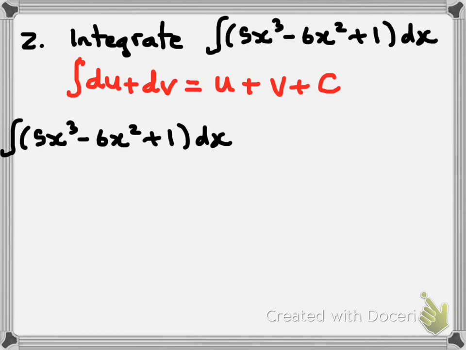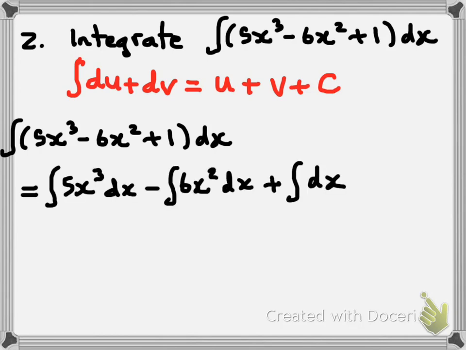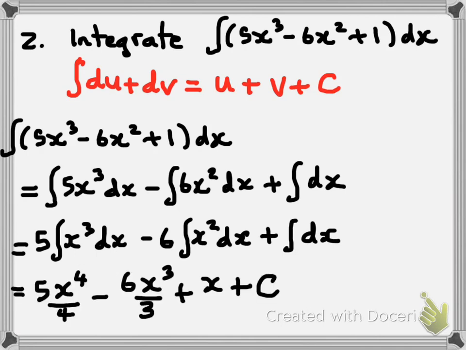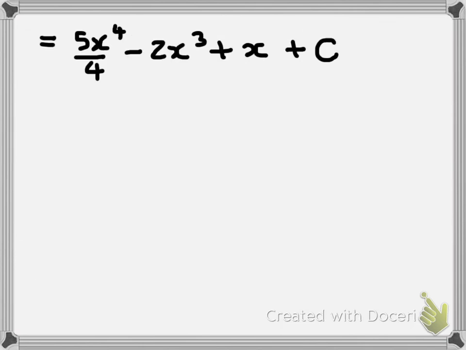So if you take the antiderivative of that, you can take the antiderivative of each piece in the sum, and then use your power rule on x cubed, x squared, and 1 dx. That would give you 5 times x to the power 4 divided by 4 minus 6x cubed divided by 3 plus x plus the constant of integration c, which will give you a final result, if you simplify, of 5x to the power 4 divided by 4 minus 2x cubed plus x plus c.